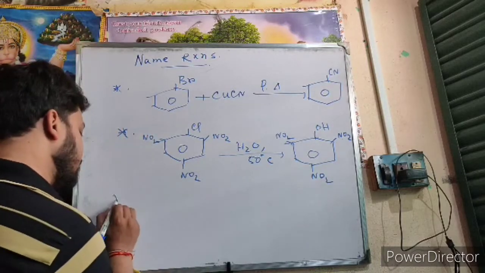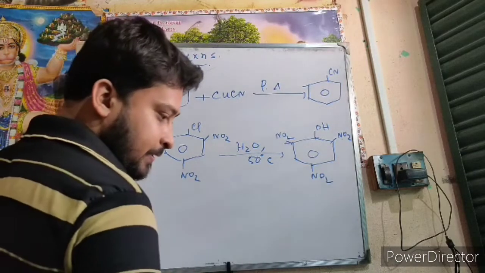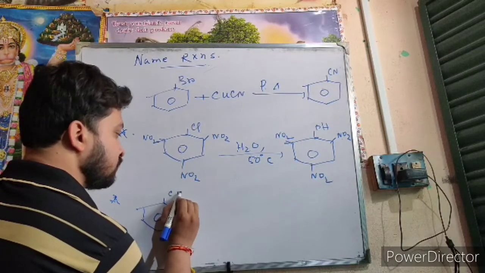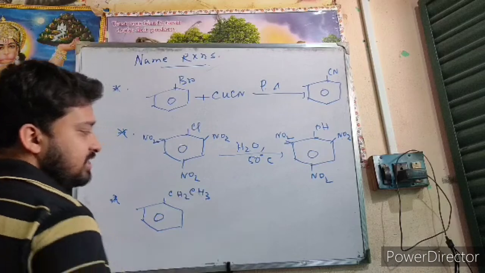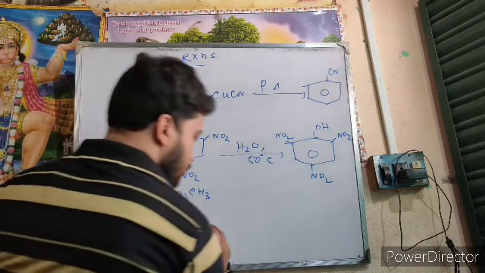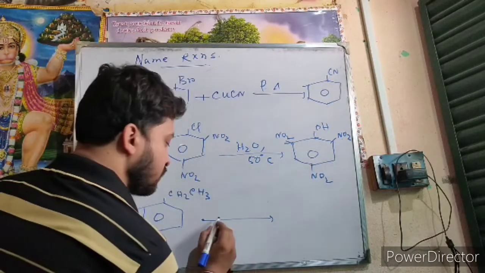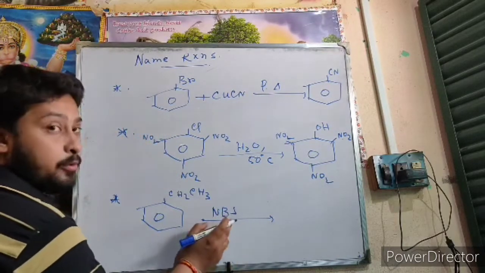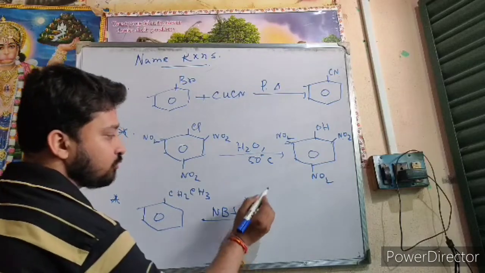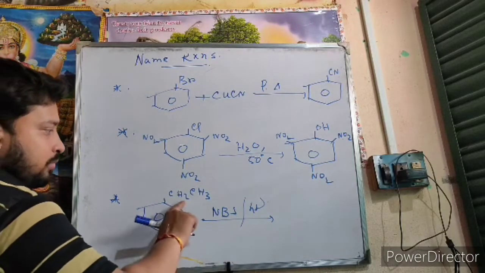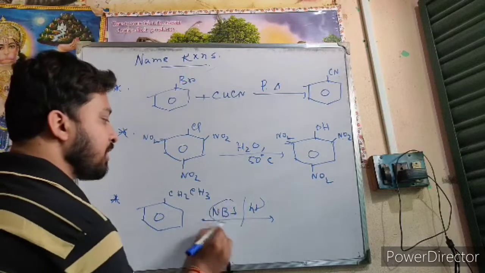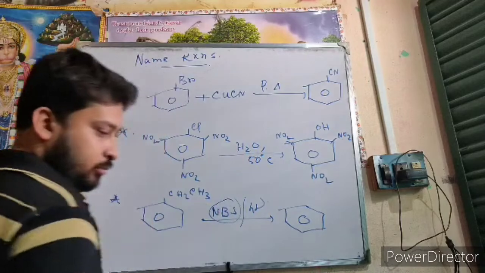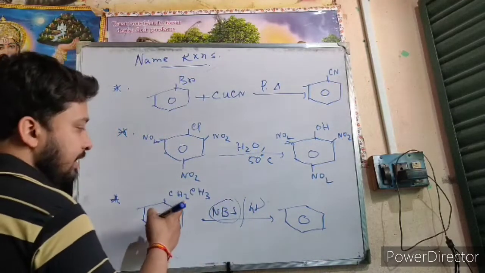Now you take another important reaction, that is CH2CH3, and you react with NBS, N-bromosuccinimide, and hv. It gives bromine, so the product is the bromo compound.